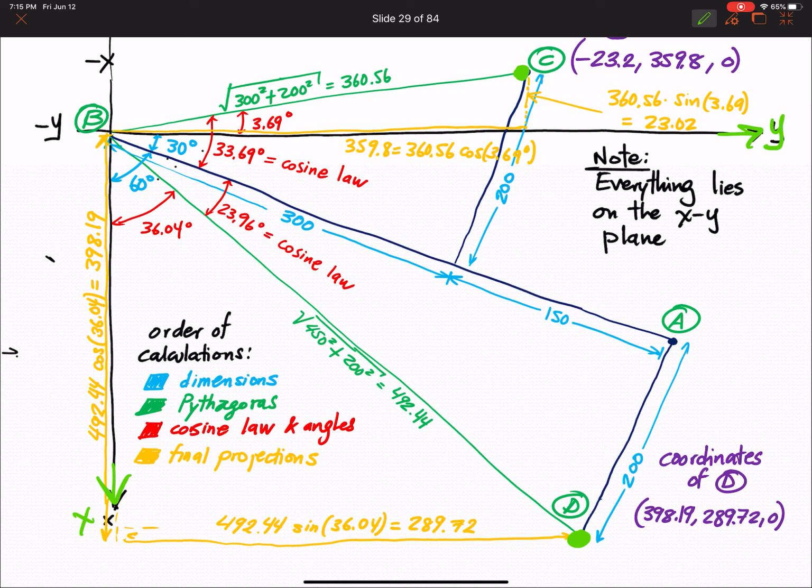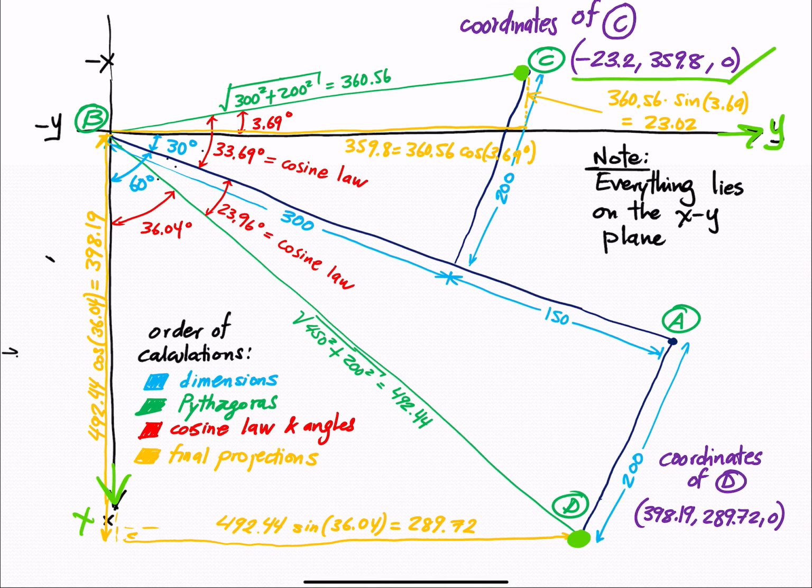Which are, let me just remove this, here and here. So I tried to do the calculations in order. If you do the blue calculations first, and then the green ones, and then the red ones, you should arrive at the final projections in that golden orange color, and you should be fine. But the bottom line is that one way or the other, you have to find the coordinates of C and the coordinates of D. The problem is just R cross F, and this is just thrown in there just for fun.